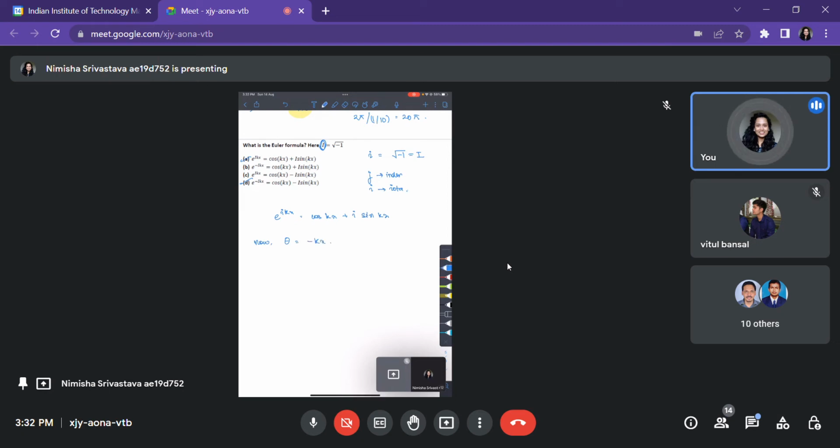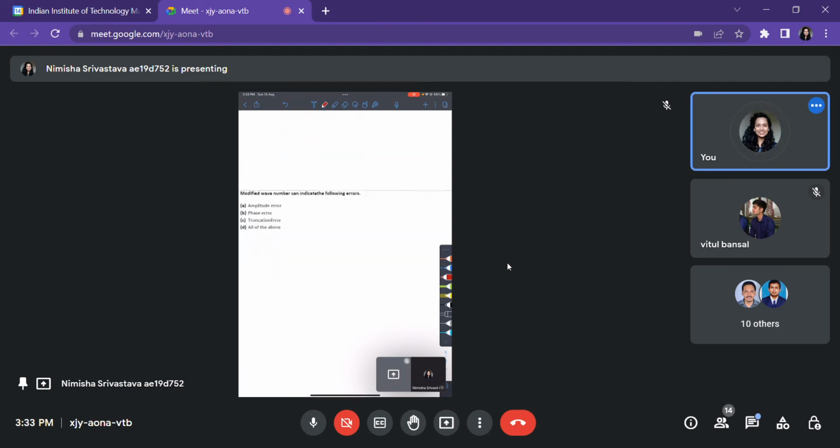So in that case, e raised to the power minus iota kx is equal to cos of minus kx plus iota sine of minus kx. Now we all know that cos of minus theta is cos theta, and sine of minus theta is minus sine theta, therefore we come up with option D. Here we are able to see option D, here we are able to see option A, therefore A and D are correct, right?